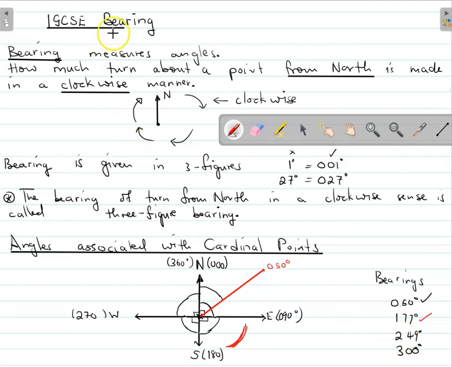So 177 is between those two. So you know that, okay, 177 is closer to 180 than 90. So your bearing can come something like this. You can come up with your 177 like that. So this will be a bearing of 177 degrees.